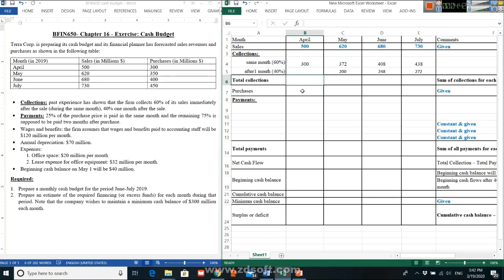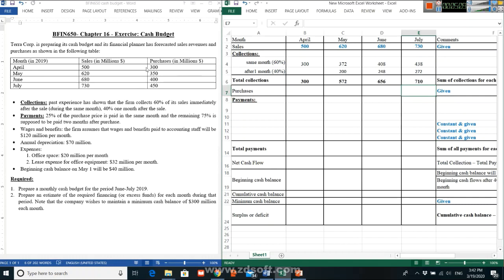So it will be equal to the 300 plus 0, and so on for every month. Here you can see C4 plus C5, D4, D5, and E4, E5. So this is regarding the collection and the total collection.